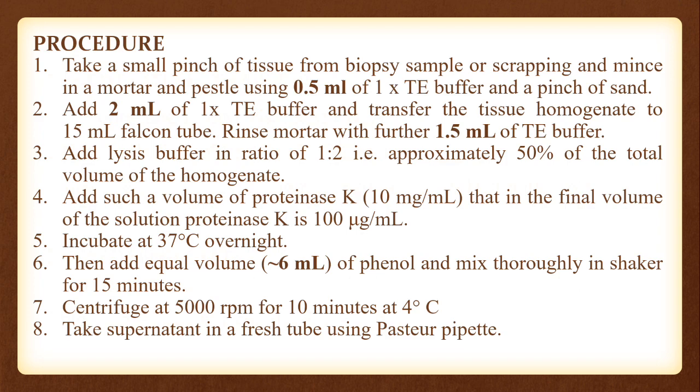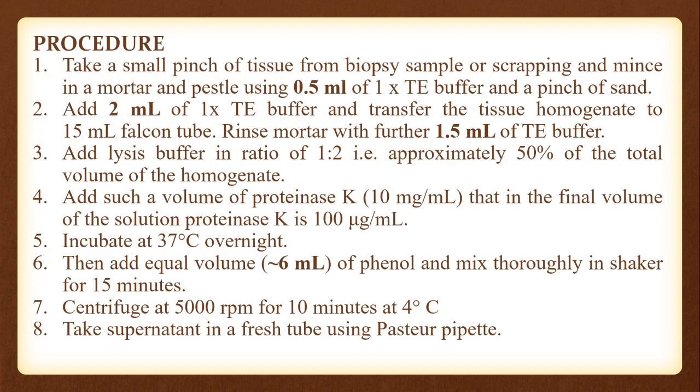So first we will do cell lysis, then add 2 ml of 1x TE buffer and transfer the tissue homogenate to a 50 ml Falcon tube, then rinse the mortar with a further 1.5 ml of TE buffer. Totally 4 ml. Then add lysis buffer in a ratio of 1:2, approximately 50% of the total volume of homogenate. The total volume is 4 ml.